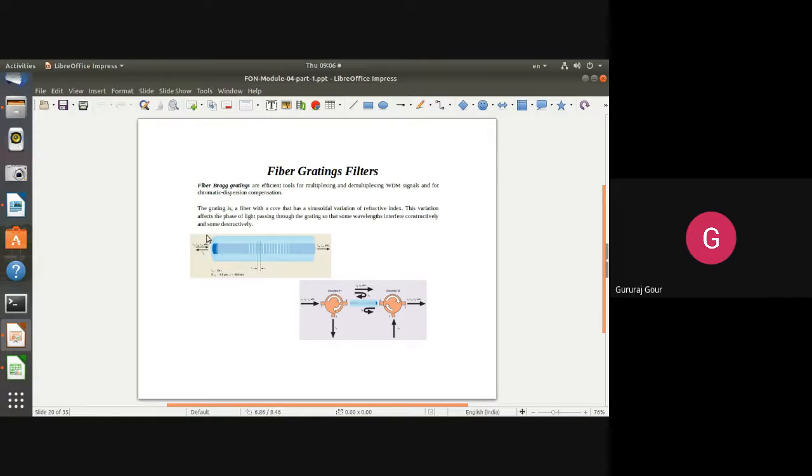The refractive index is not fixed; it is varying as a function of a sine wave. It has been structured so that it can be tuned to reflect back a particular wavelength. This feature can be used with these two 3-port circulators: on one side it is going to add and on the other side it is going to drop, so it behaves like an add and drop multiplexer.